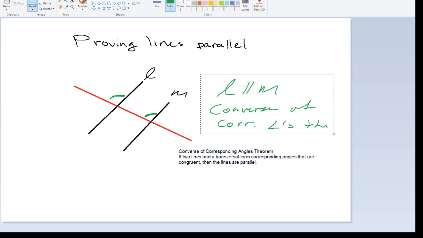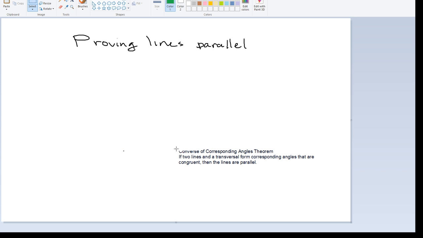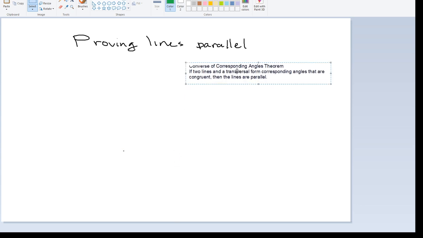I'm going to erase this now, and move this up a little bit. We have the alternate interior angles, so we can also say that the converse of that theorem is also true. Let me write that down for you guys here.